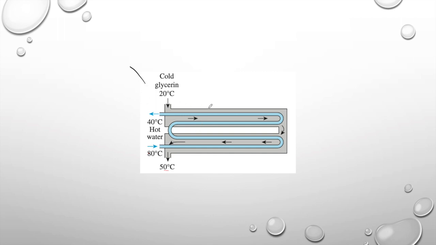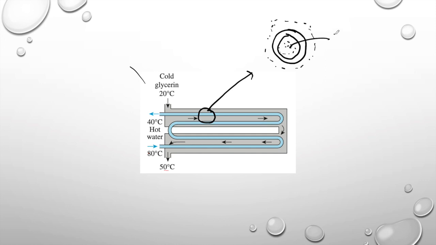You may select any point, but I take here and I will enlarge this figure. This is our tubes, and there is a fluid outside, shell side, and a fluid inside. This is the hot fluid, and the outside is the cool fluid.